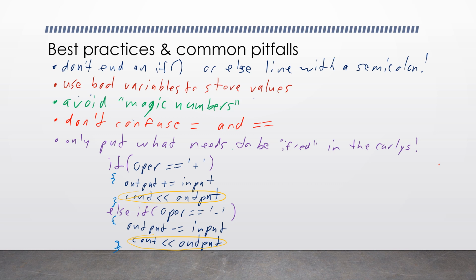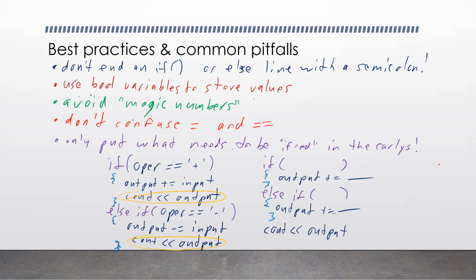A better way to write this is if operator equals plus, output plus equals blah, else if output plus equals blah, and then after all of my statements are done, I can put here cout output. Why is that better? Well, fewer lines of code to maintain, for one thing.